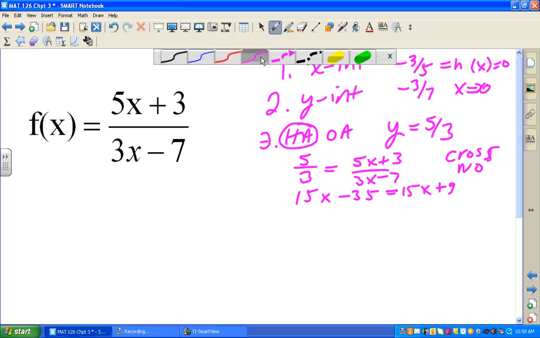Now the discontinuities. X cannot equal what? 7/3. Vertical asymptote or a hole in the graph? I think it's vertical asymptote.